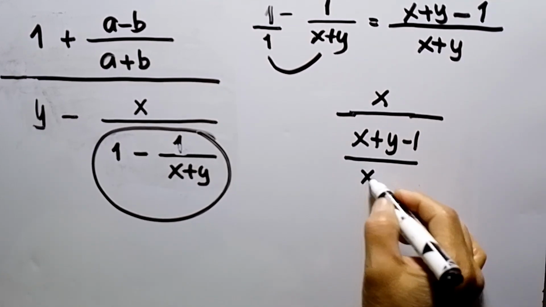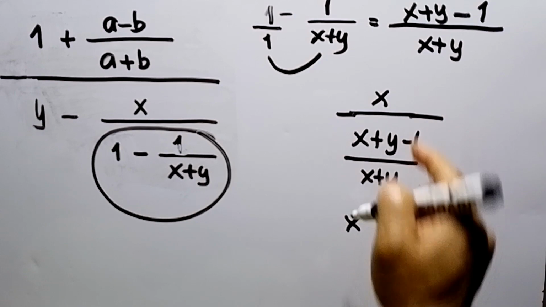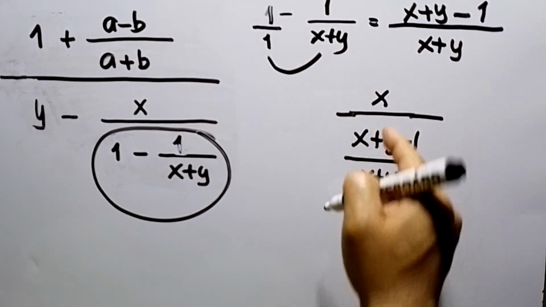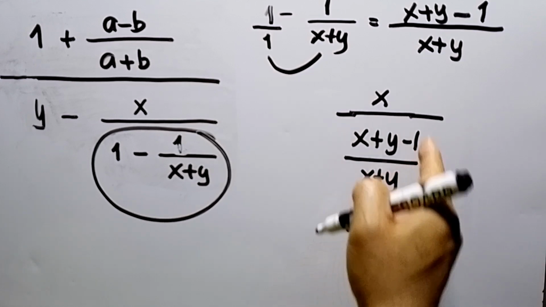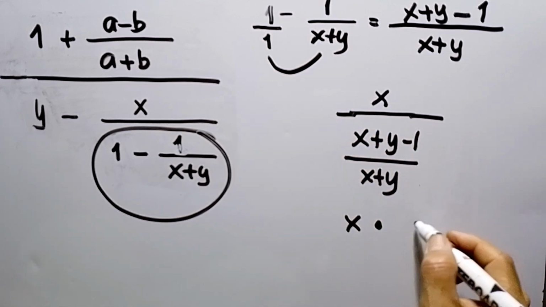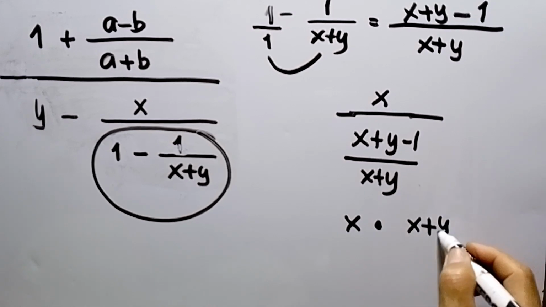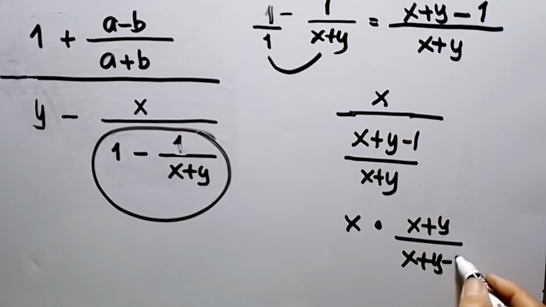over x plus y. Since this is also a complex fraction, I need to write my numerator, and then I need to change this operation to multiplication, and then turn my denominator upside down. So this will be x times x plus y over x plus y minus 1.